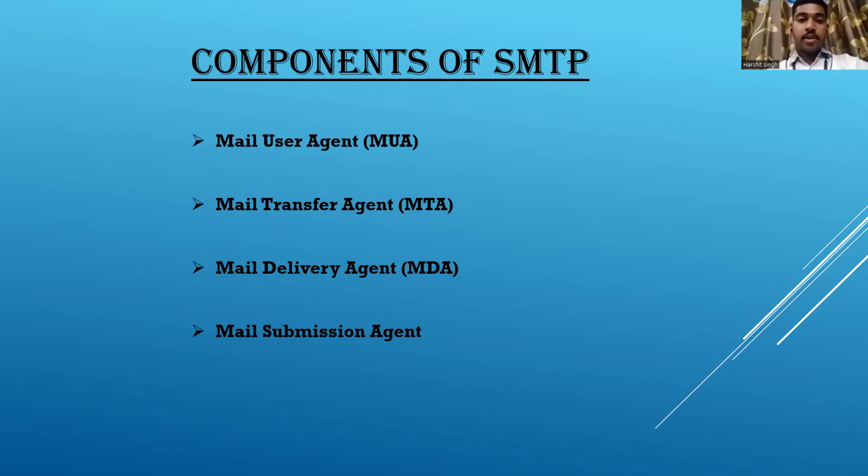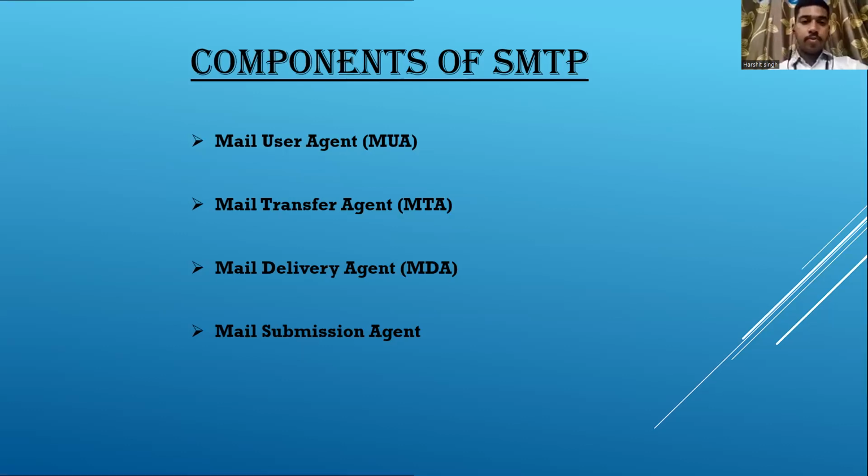And the mail delivery agent gets the mail from the mail transfer agent, and then it conveys the message to the recipient's inbox, and with the help of the mail user agent, the recipient can read that message. The mail submission agent confirms whether the message has been received or not. So here the mail submission agent works.